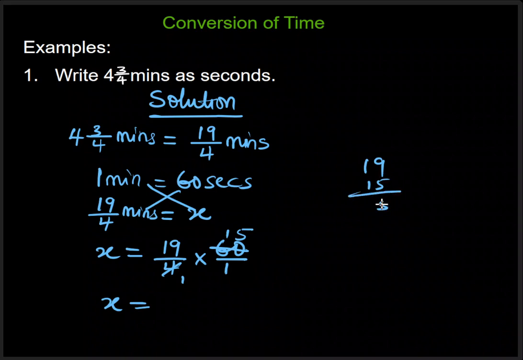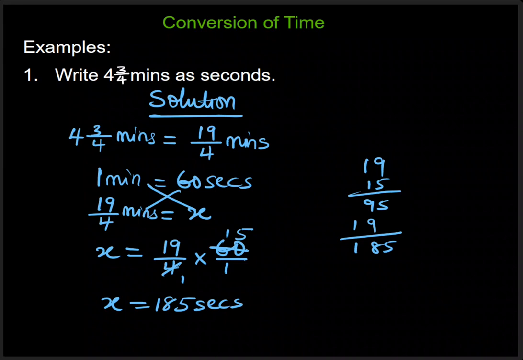So this is 45 and then 9. That will give us 19 here, and that will be 285. So we're looking at 285 seconds. That's what we are looking at.